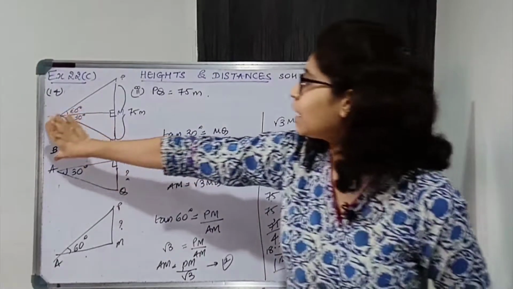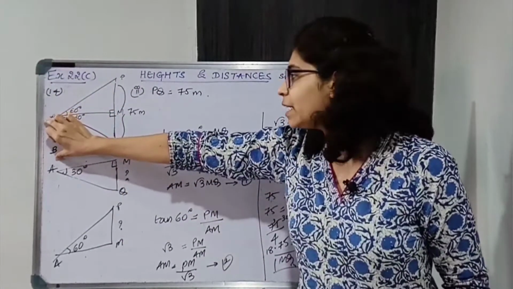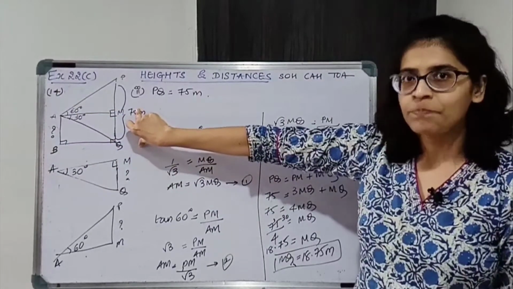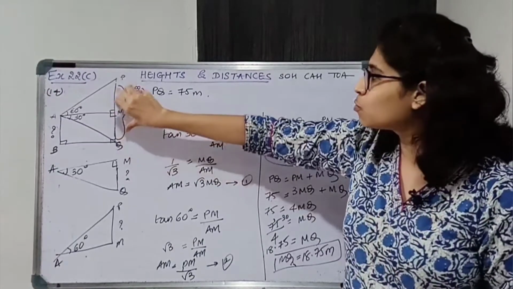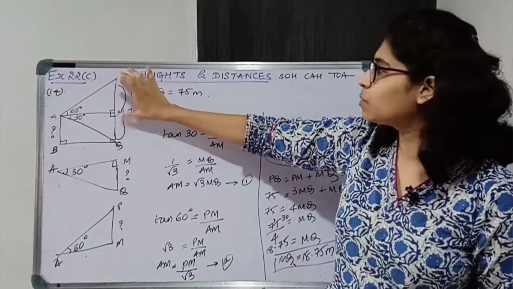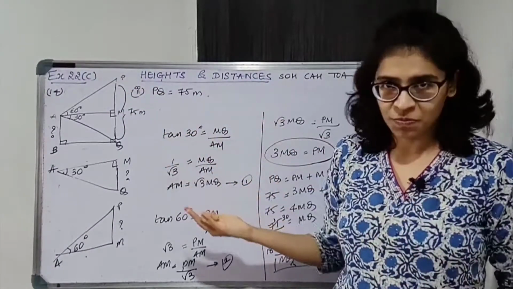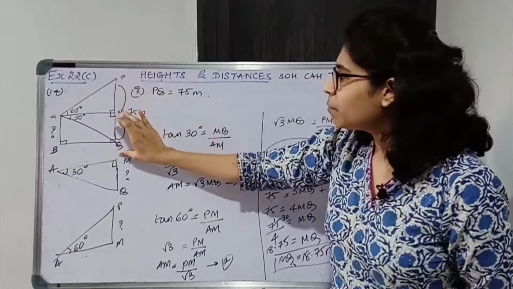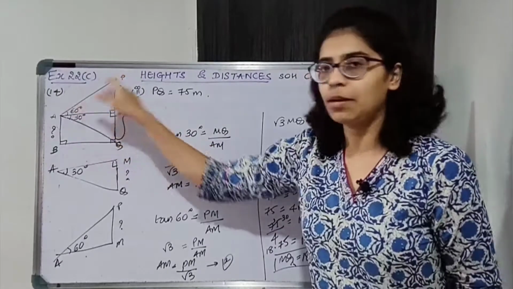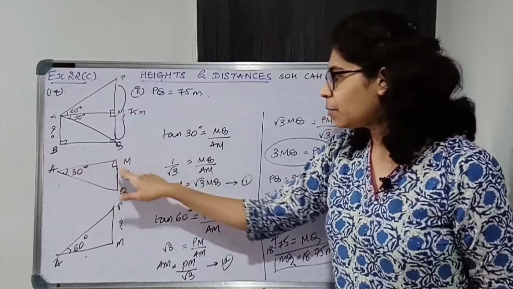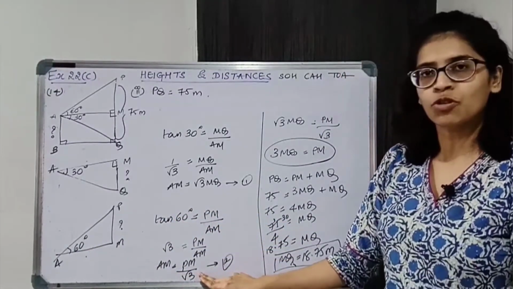MQ is nothing but AB. Okay, so AB find करना था. What I did is AB को MQ से relate किया. Okay, now MQ का लेंथ फाइंड करना है. MQ डायरेक्टली तो मिलेगा नहीं बिकॉज मुझे पता नहीं है कि PM कितना है. PQ में से PM सब्ट्रैक्ट करके MQ मिल जाता, बट डू आई नो PM? नो. कैन आई इवन फाइंड PM? नो. सो व्हाट वी डिड, PM एंड MQ को रिलेट किया वाया AM. सो वी कंसिडर्ड QMA, PMA. एंड व्हाट वी डिड, AM and MQ, AM and PM, then AM in terms of MQ, AM in terms of PM.